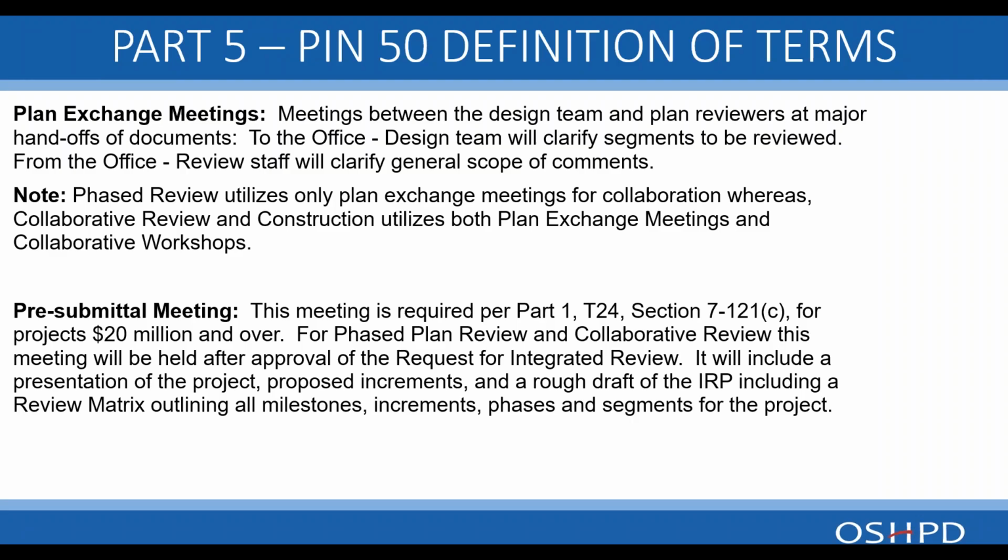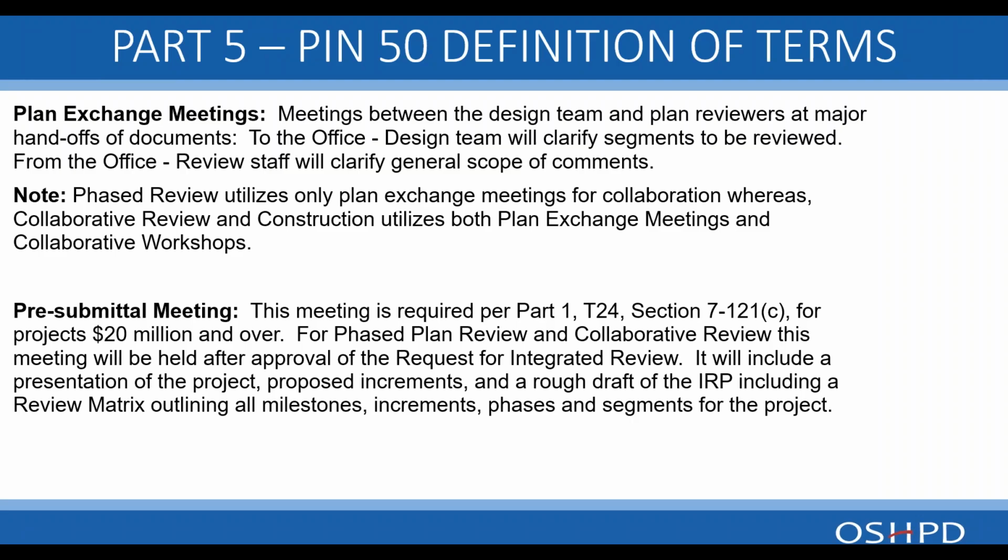The pre-submittal meeting. This meeting is required for Part 1, Title 24, 7121C for projects $20 million and over, of which most phased and collaborative reviews meet that criteria. For phased plan review and collaborative review, this meeting will be held after approval of the request for integrated review, which is a form found on our website.